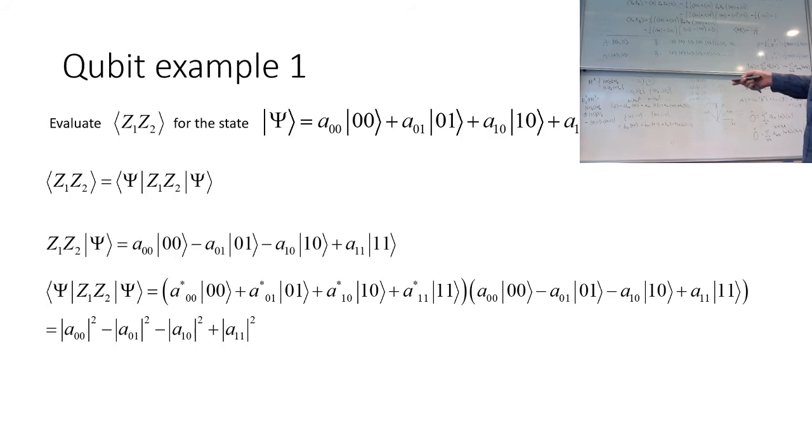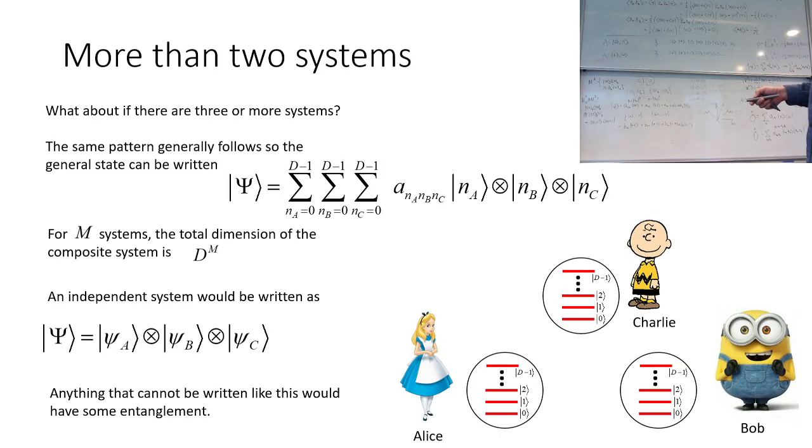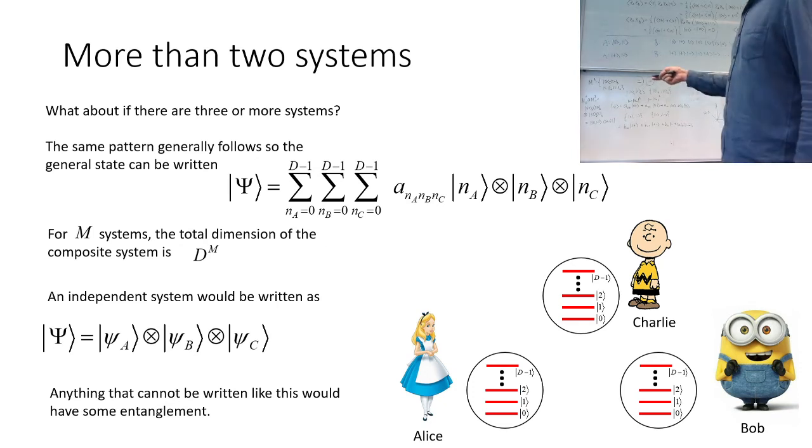These are examples, and this is a bit more like how we evaluated these things. For more than two parties, you just keep on adding indices.